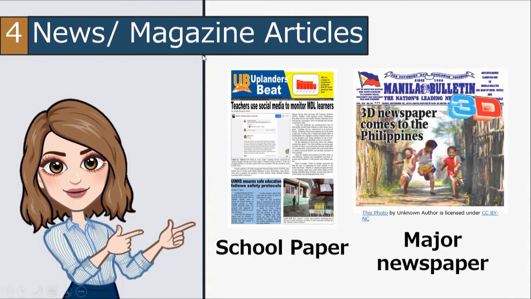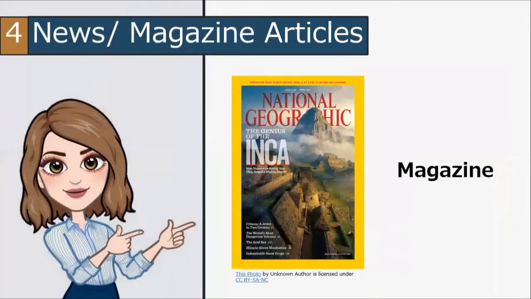If you want to know about the happenings inside our school, you may check a school paper. If you need to know matters about the happenings inside our country, you may check the newspapers or the major newspapers. We can also gather information from magazines like the National Geographic.